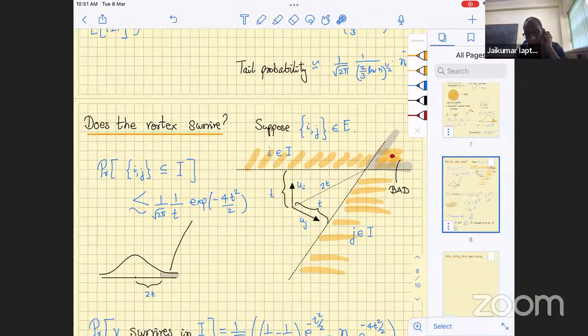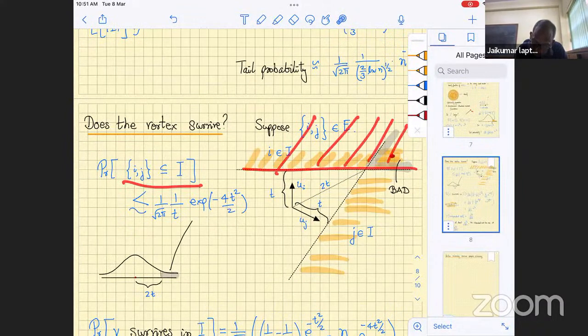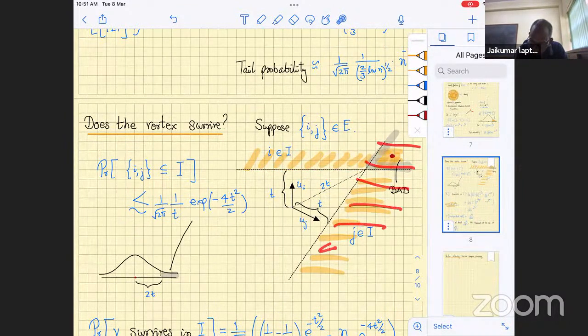So when will gamma be such that both I and J are part of the independent set? Well, gamma should lie on this side and gamma should also lie on this side. That means it should lie in this gray area. These are the bad gammas. These are the gammas that cause I and J both to appear in the initial set I, and that cause us to delete both I and J from I.